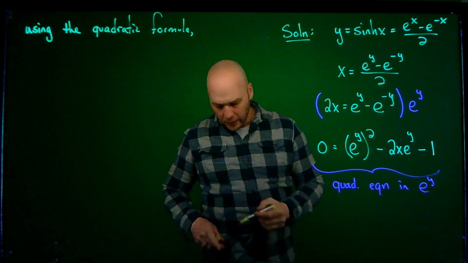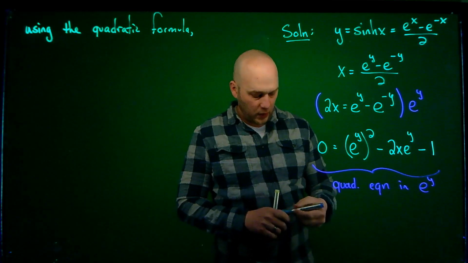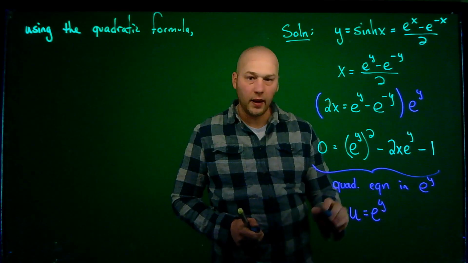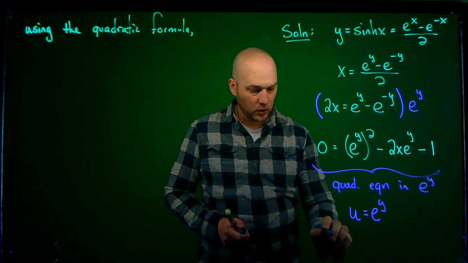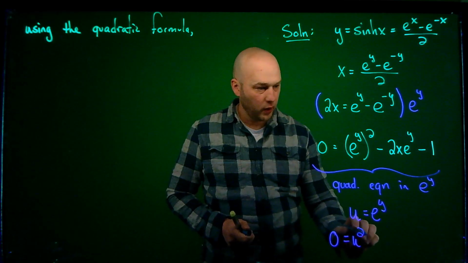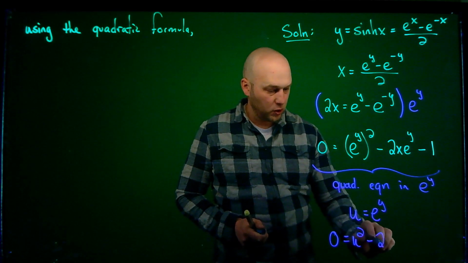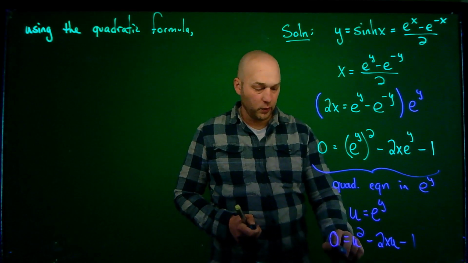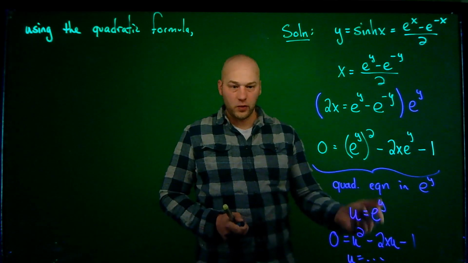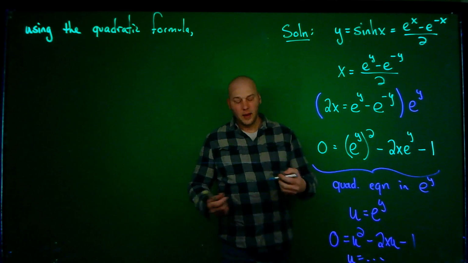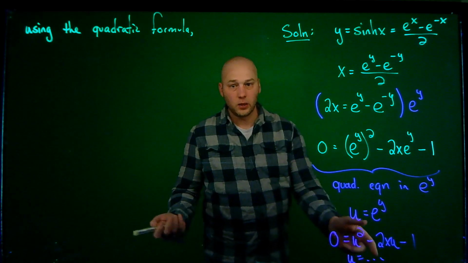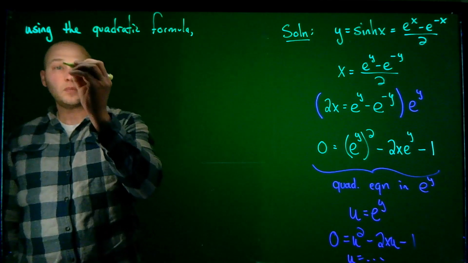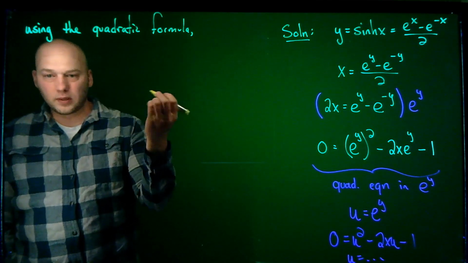A lot of times, like in your beginning algebra courses, you'll make the change of variables. You'll say u is equal to e to the y, and then rewrite this equation as 0 equals u squared minus, let's say, 2xu minus 1. We'll use the quadratic formula for the variable u, and then after we do that, we'll replace u with e to the y. But what I'm going to do is just say e to the y is my variable, rather than using that substitution. We'll get to the same place anyway in one step.